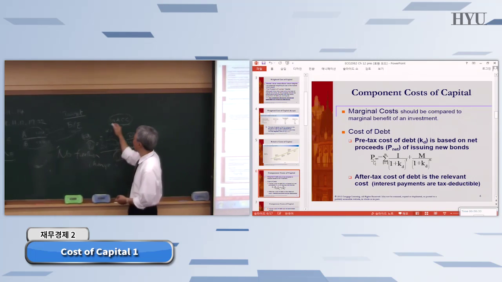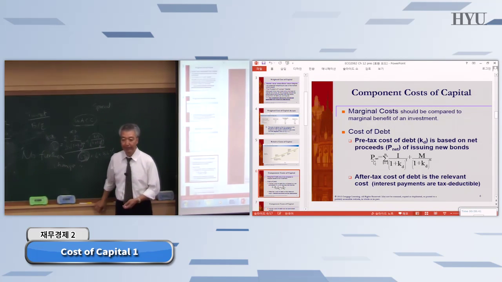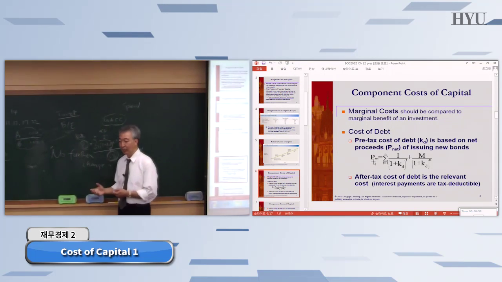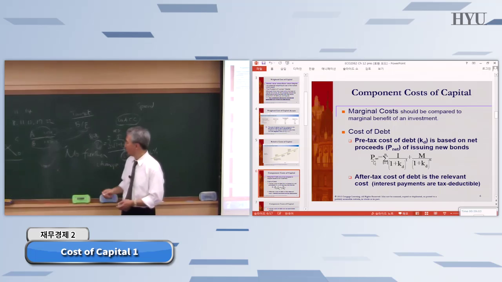What's spread? Spread is the difference between what the investors pay and what the company receives. Investors may pay $900, but the company may receive only $850.